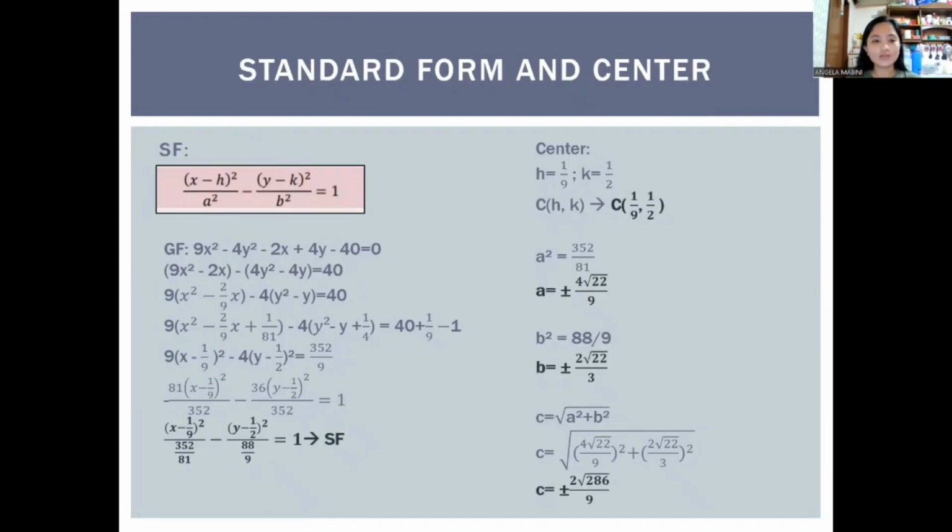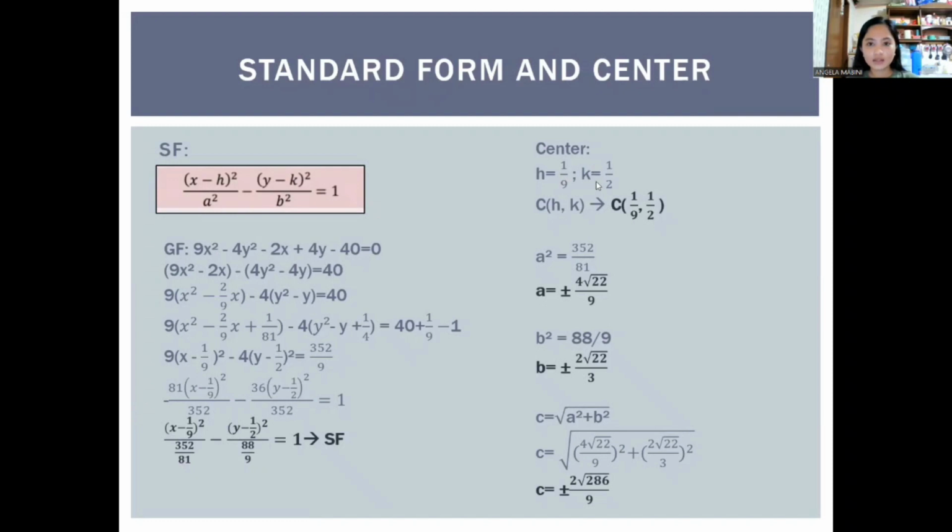To get the standard form of the equation, we need to convert the general equation given in number 5 into standard form, which will give us x minus 1 over 9 squared all over 352 over 81 minus y minus 1 half squared all over 88 over 9 is equal to 1. Now that we have the standard form, we can find the center and the value of A and the value of B.